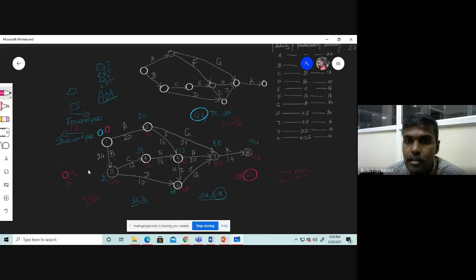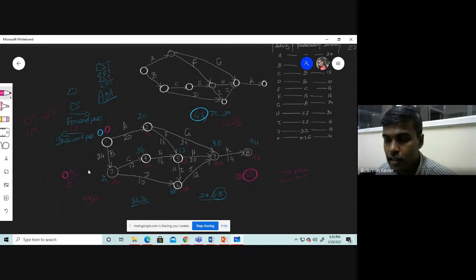So this is like the difference between latest finishing time and earliest finishing time, or latest starting time and earliest starting time. If this is equal to 0, then what it means, the total float is equal to 0 there. Okay, so we can connect those activities.